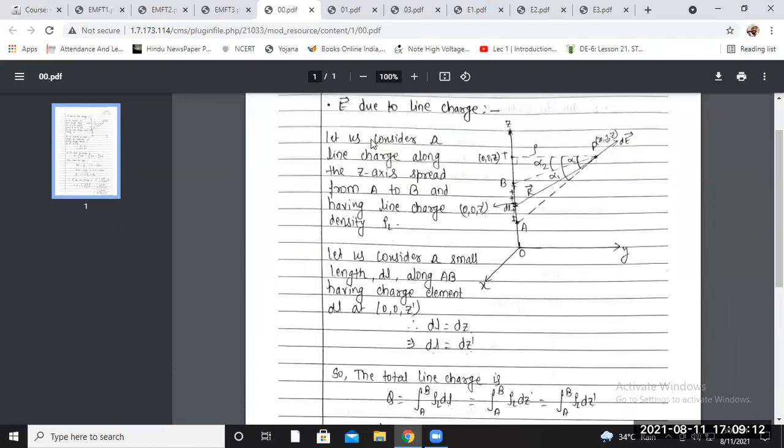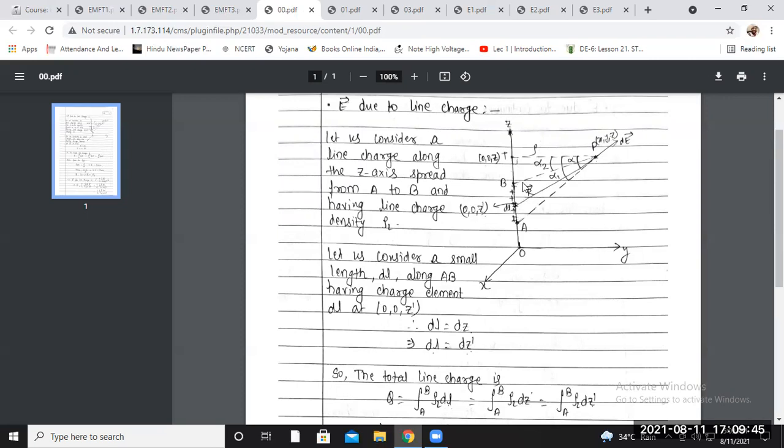Let us consider a line charge along the z-axis spread from A to B, having line charge density rho L. Let us consider a small length dl along AB having charge element dl at z dash. It doesn't have any x or y coordinate, only the z dash coordinate. So we have taken AB as a line charge where positive charges are induced, with line charge density rho L.